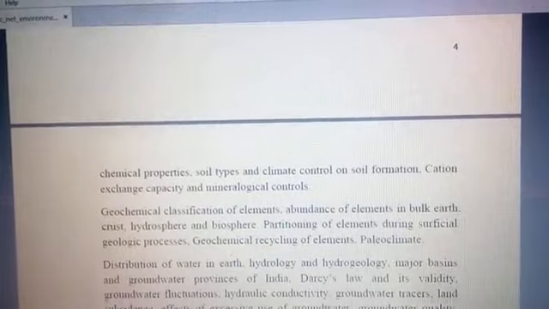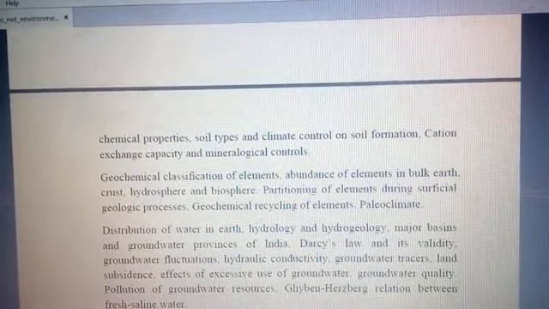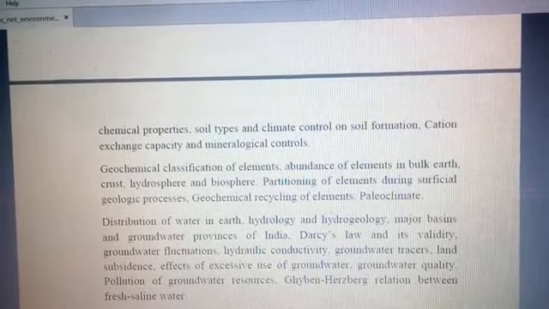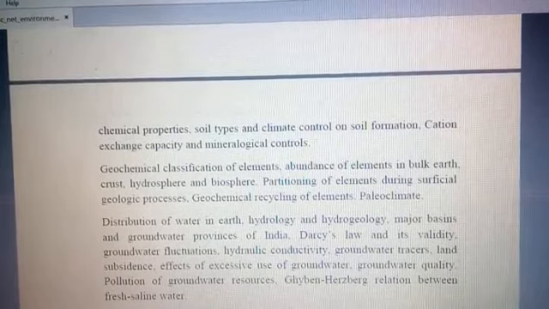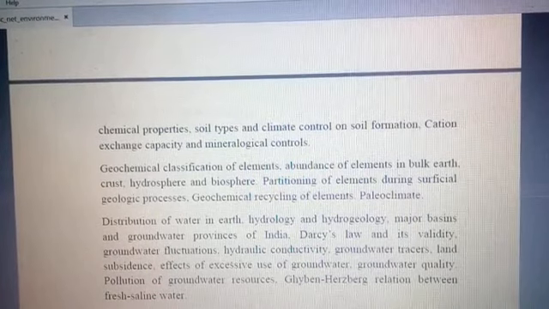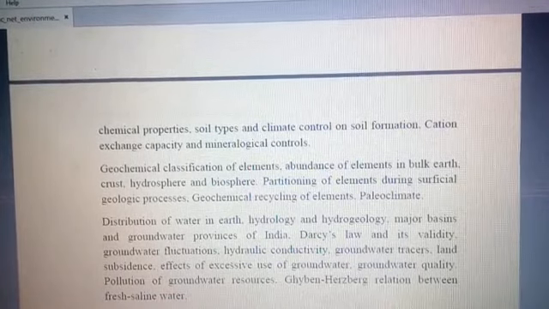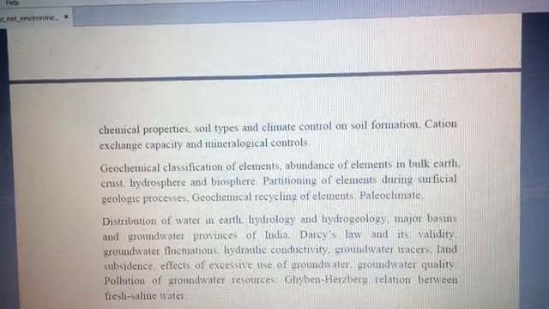And next on the distribution of water on the earth, hydrology and hydrogeology, major basins and groundwater provinces of India, and Darcy's law and its validity, groundwater fluctuations, hydraulic conductivity, groundwater tracers, and land subsidence, effect of excessive use of groundwater, groundwater quality and pollution of groundwater resources, and Ghyben-Herzberg relations between fresh and saline water.